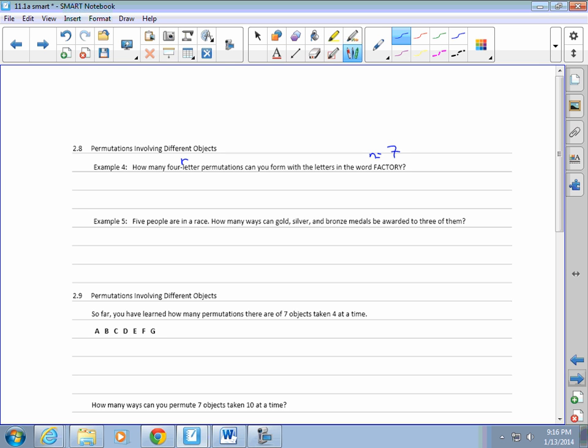So I have 7 letters I can arrange. So that means that for permutations, this would be using my nPr. I'm taking 7 distinct objects and I'm permuting them, or arranging them, 4 at a time. So using my formula, it's 7 factorial over n minus r, so 7 minus 4 factorial. So 7 factorial over 3 factorial.